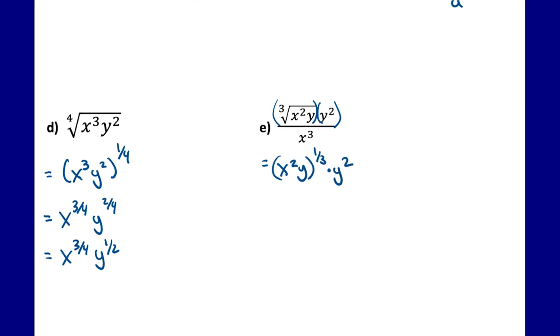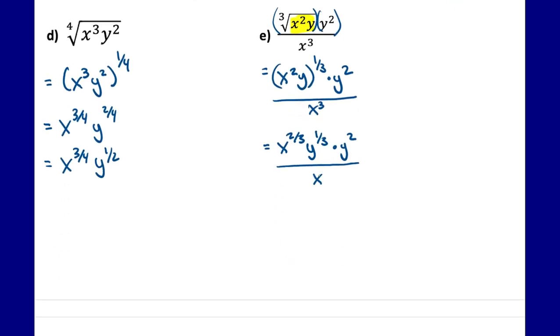That 1/3 is only applying to the values that are underneath the radical sign, the radicand, so to speak. So the x squared y is what's raised to the power of 1/3. I can simplify that. It becomes x to the power of 2/3 times y to the power of 1/3 times y squared, all divided by, oops, I missed that one for the last line, x cubed.